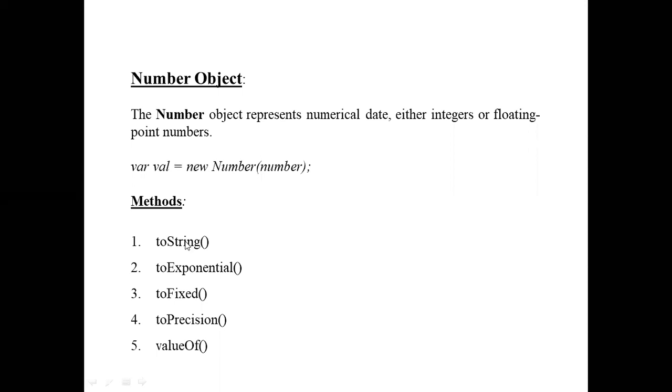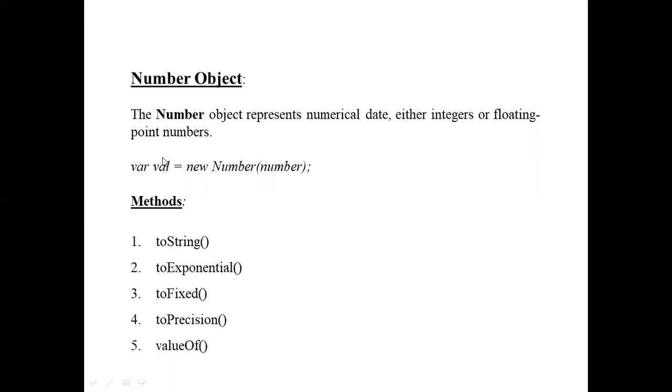These are the methods in the number object. If you want to access the method toString, use val.toString, val.toExponential, val.toFixed, val.toPrecision, val.valueOf, on whatever object you created.